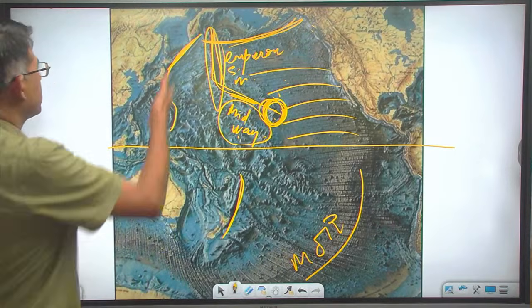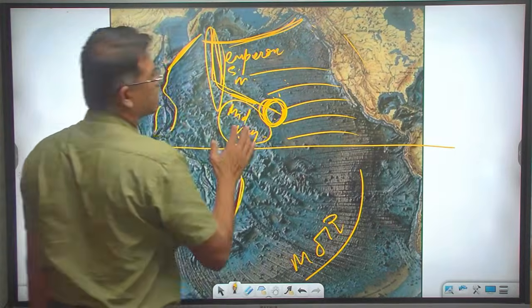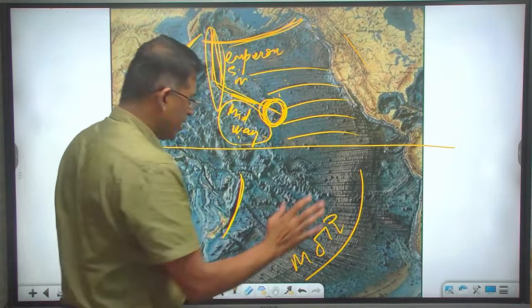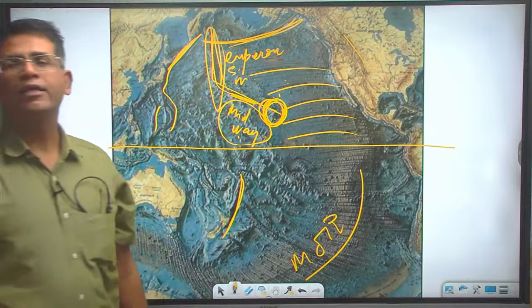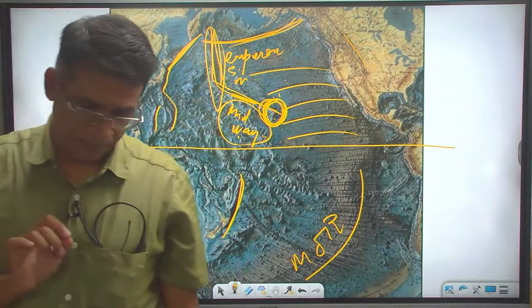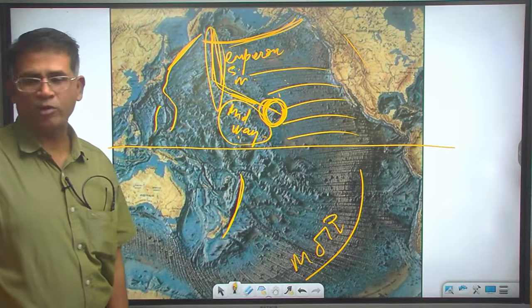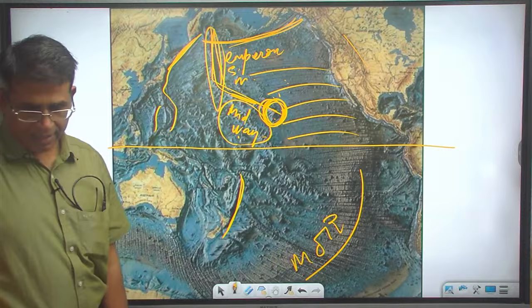So I've discussed the margins, I discussed the trenches, the northwest and northeast. Now a small discussion on the Pacific Moor system, on the southeast side.